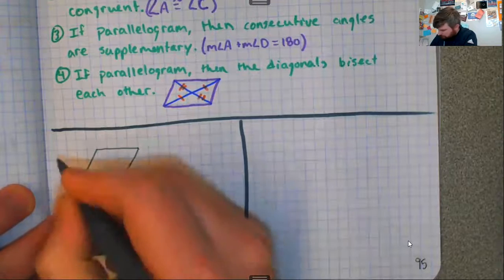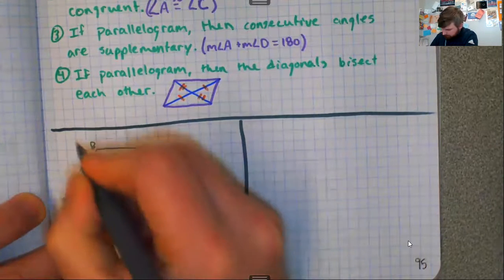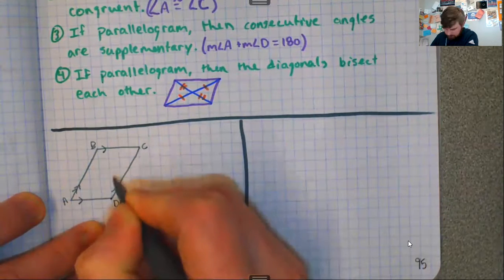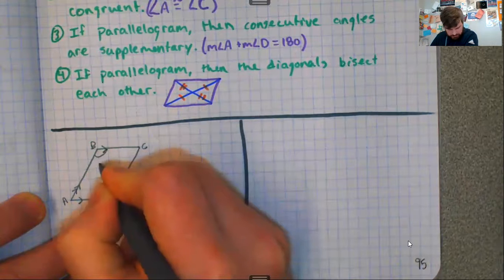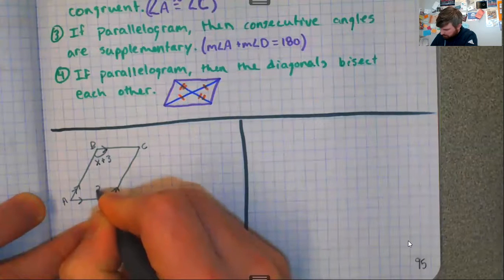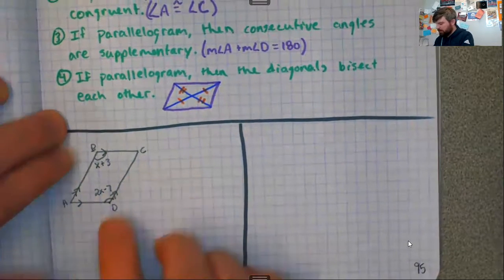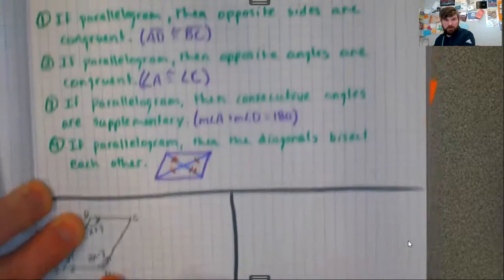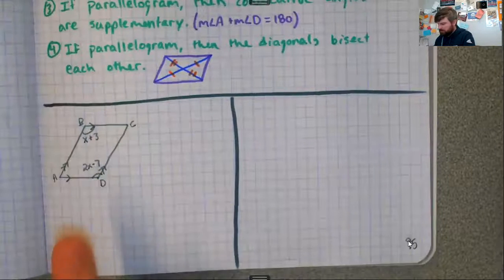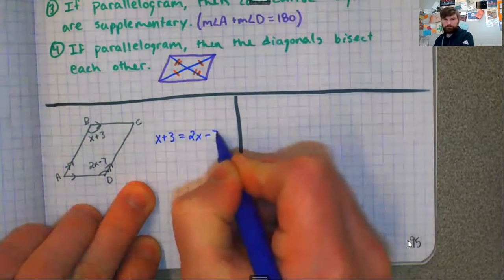There's my parallelogram, A, B, C, D. So it says that this angle right here is x plus 3, and this angle down here is 2x minus 7. Okay, so I've got my parallelogram, and we're looking at opposite angles. So if we look up here in the properties, it says the opposite angles are congruent. So these two angles have to be the same. So x plus 3 has to equal 2x minus 7.